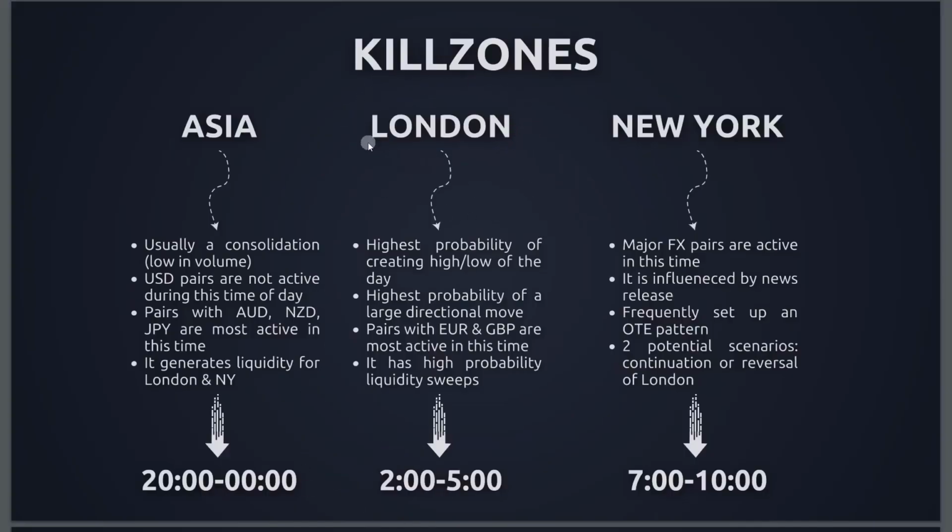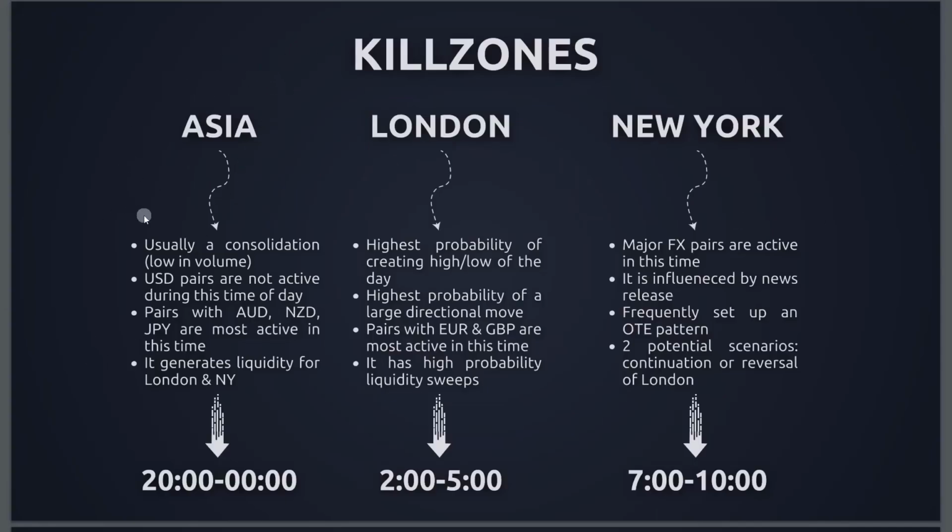This is where I trade most of the time. It has the highest probability of creating the high or the low of the day. And why? Because we can apply the power of 3 in the daily candle, right? And the daily has Asia, London, and New York. Those are the main sessions in the day.